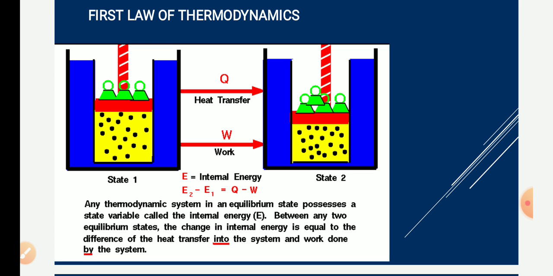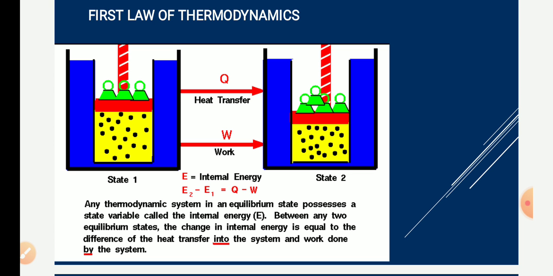From state 1 to state 2, the heat will transfer and the work done will also occur. How the work done occurs: in state 2 you can clearly observe that one of the pistons rises up. By that, the gas does work.